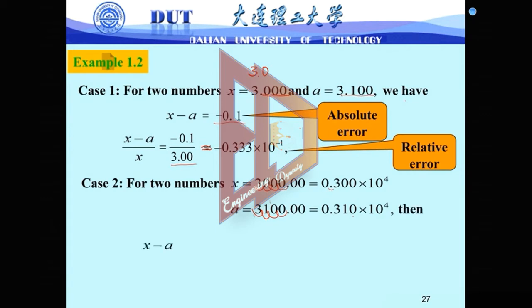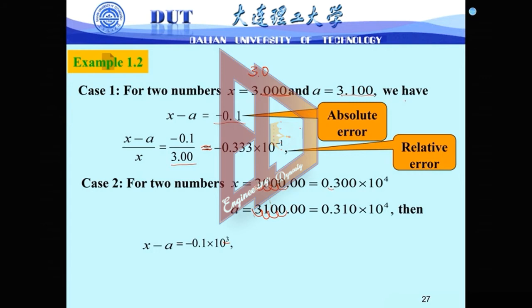Now let's consider the absolute error again. So the difference is minus 0.1 multiply 10 to 3. It's okay? 10 to 3. Now let's compare the two cases.